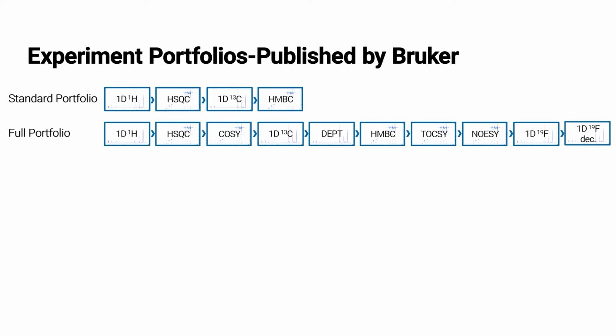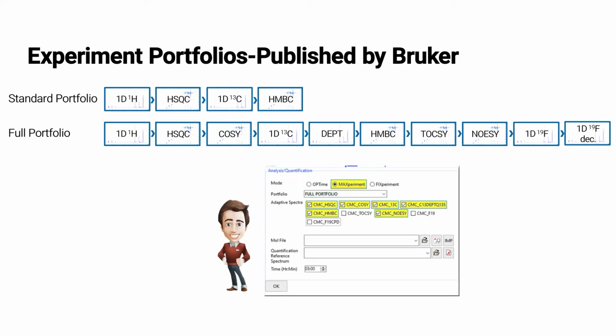Now, this is a pretty long list, and it's possible to shrink this portfolio. And how does that look? So here, if we choose the full portfolio, you can see some of the experiments are yellow and others do not have this yellow highlight.